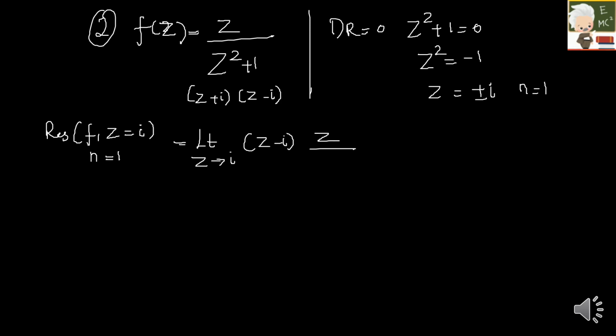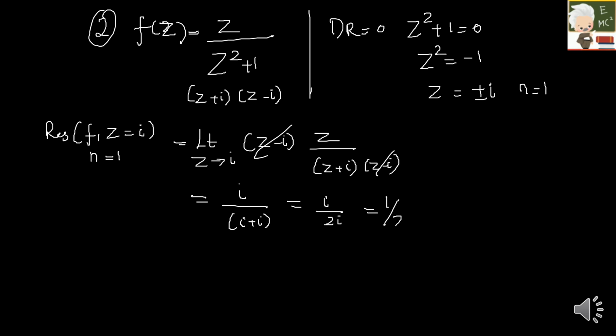You should be a little clear with these algebraic expressions, how we can express it. It will be really helpful. So it should be (z plus i) into (z minus i). So what happens? These two get cancelled. If I put z tends to i, then it would be i by (i plus i), which is nothing but i by 2i. So finally it is equal to 1 by 2.